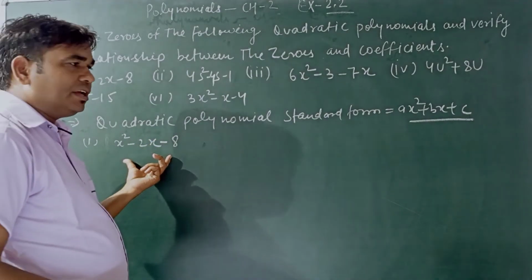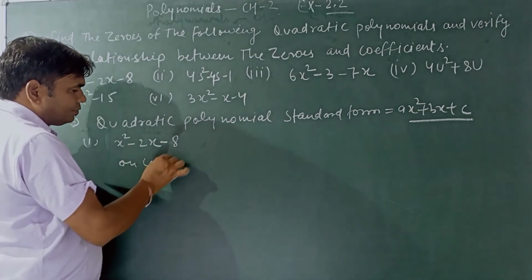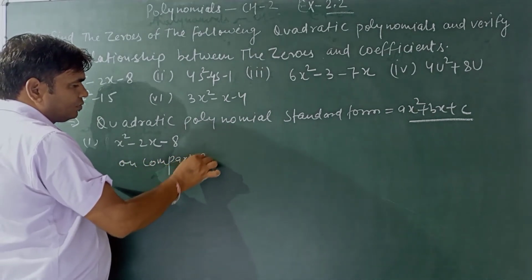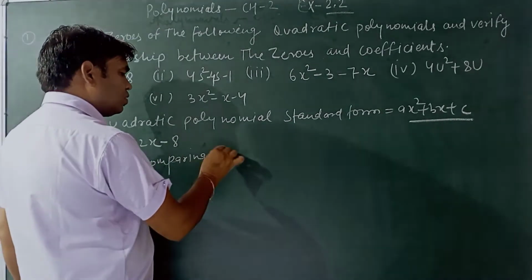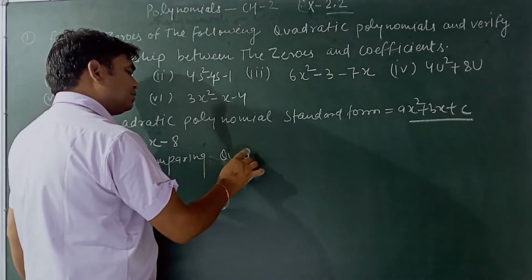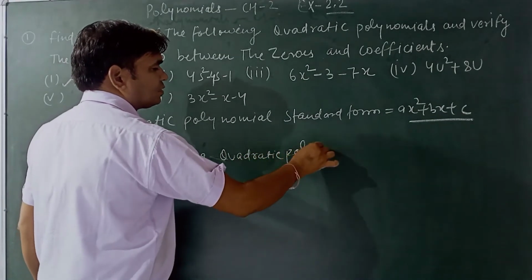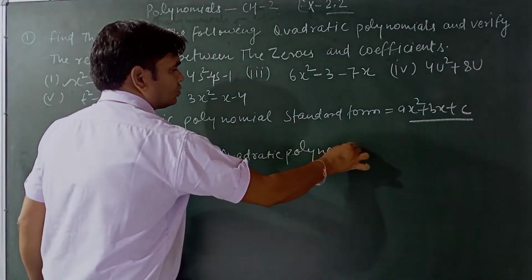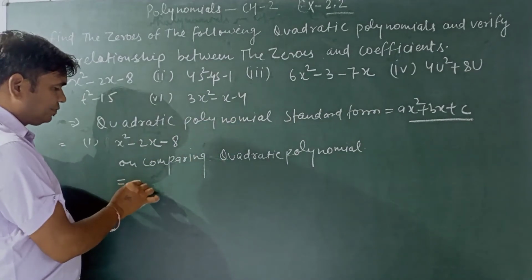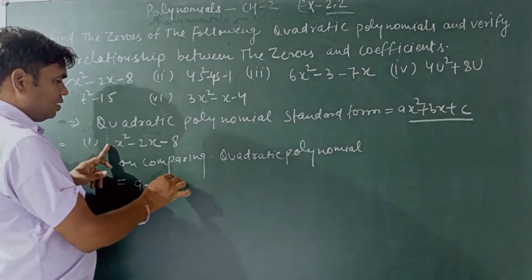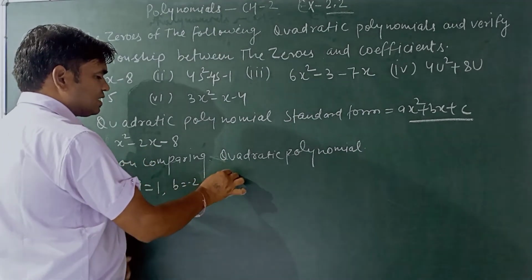On comparing with the quadratic polynomial standard form, you see a equal to 1, b equal to minus 2, and c equal to minus 8.